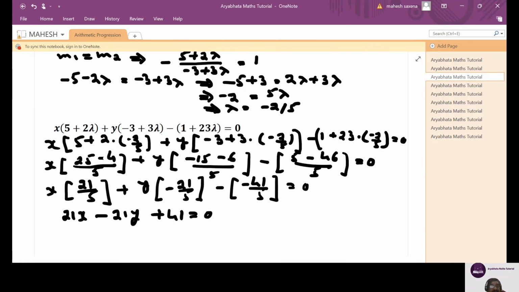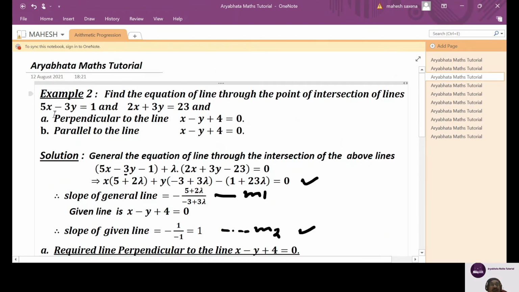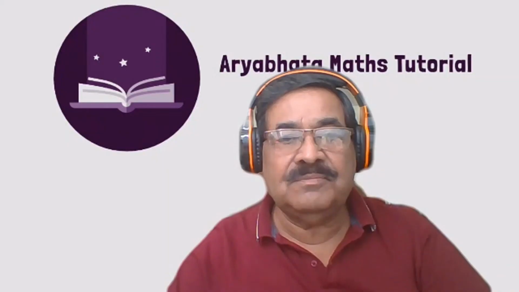Therefore, this line 21x − 21y + 41 = 0 is the line which is parallel to x − y + 4 = 0, and it is passing through the intersection of these two lines.